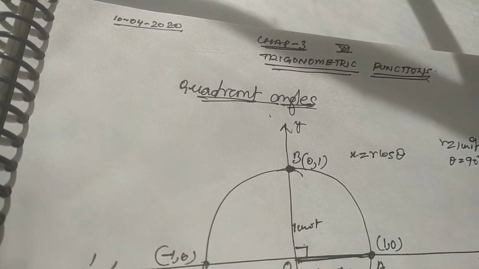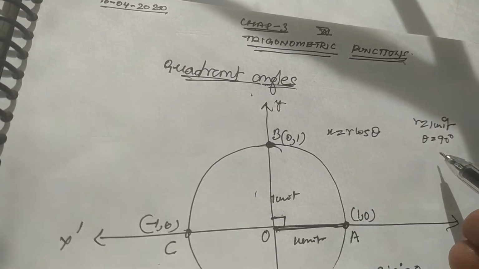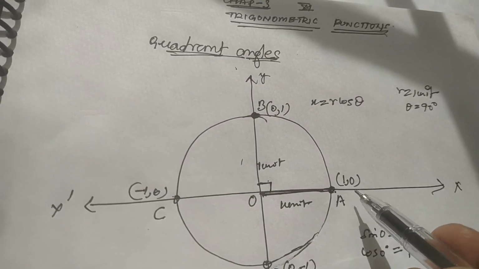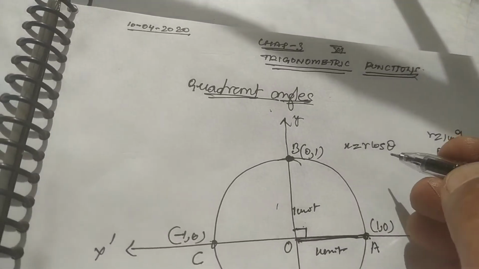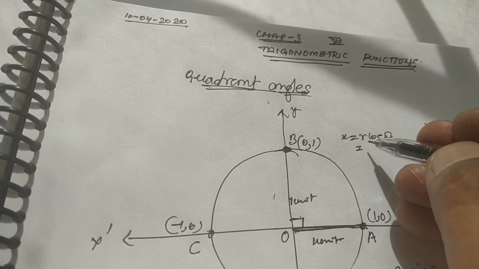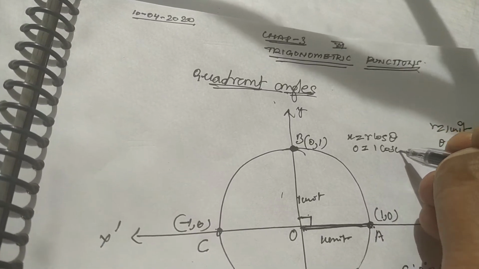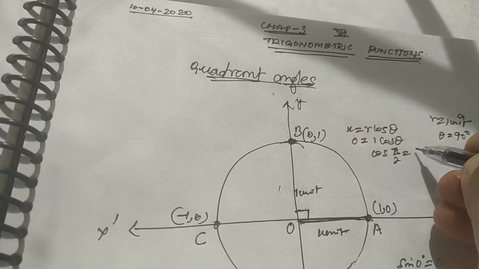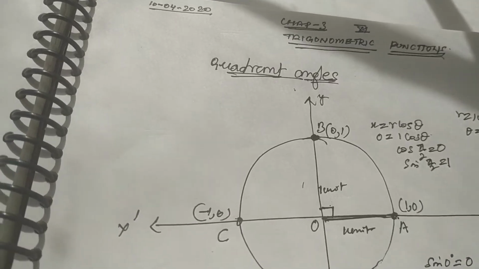At point A, r is 1 unit and theta is 0 degree. Here we have moved 90 degrees, so x is 0, r is 1 unit, and theta is 90 degree. This implies that cos pi by 2 is 0 and sine pi by 2 is 1.